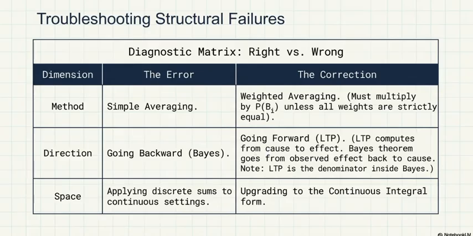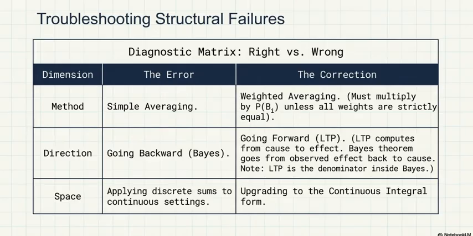Now, the failures, where we can make mistakes and go wrong. The partition must be exhaustive first of all, and mutually exclusive. Second, weighting by the probability of Bi is mandatory. What is Bi? All the small parts of B: B1, B2, B3 until Bn. Then choosing the wrong partition is the third mistake we can make.